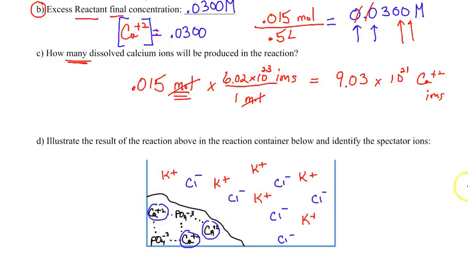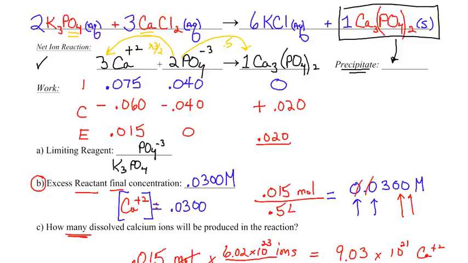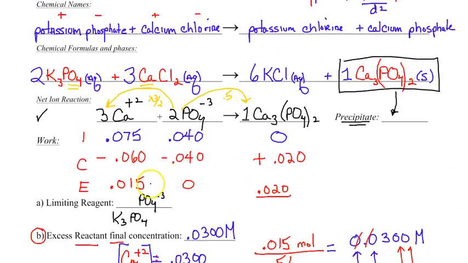But we have to think a little deeper now, because if you think about this, some of the what? Calcium was used up. Some of the calcium chloride. See, the calcium chloride is your excess chemical. That means there's going to be some extra chlorines and extra calciums that are not all locked up.